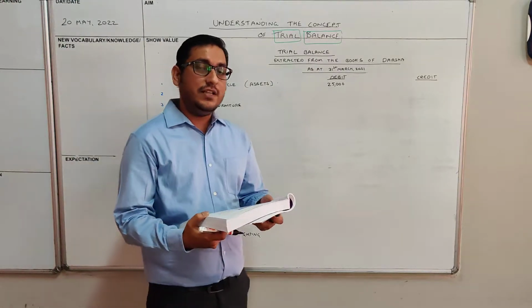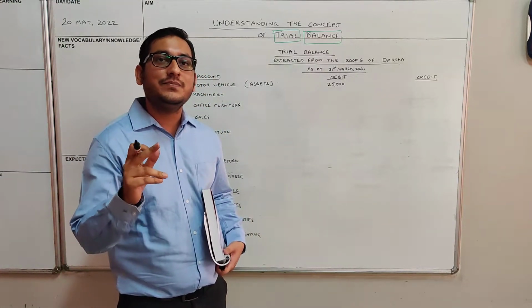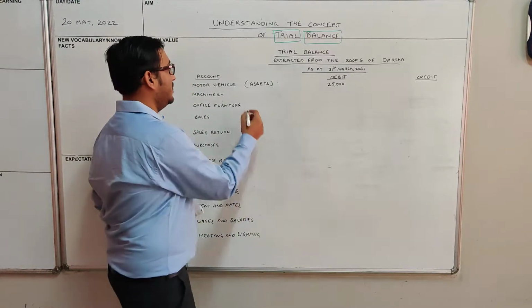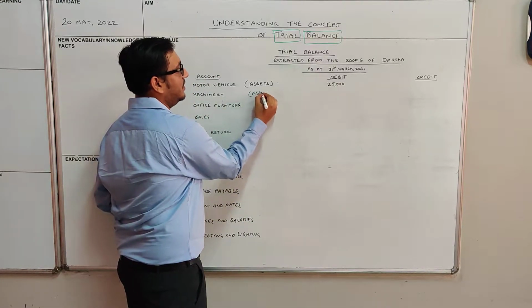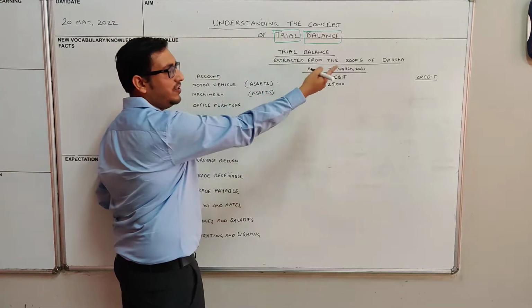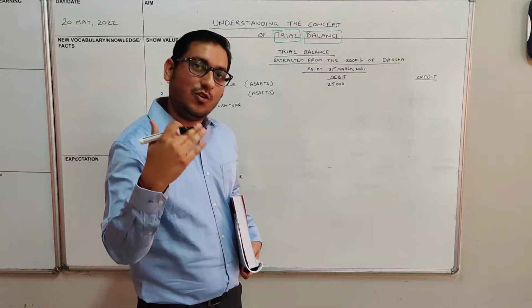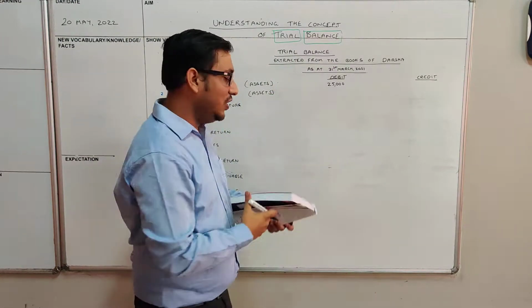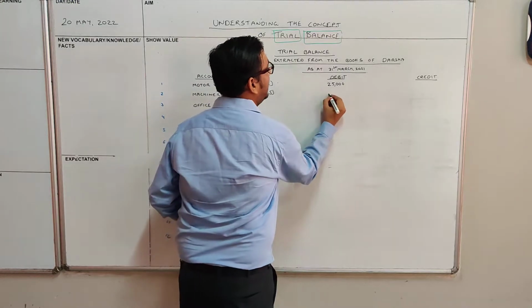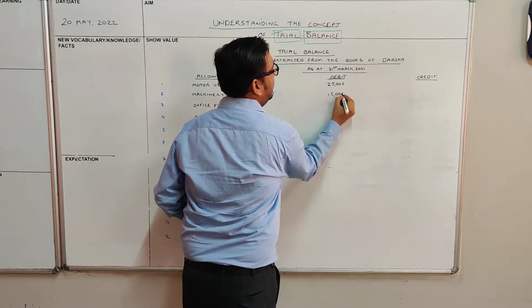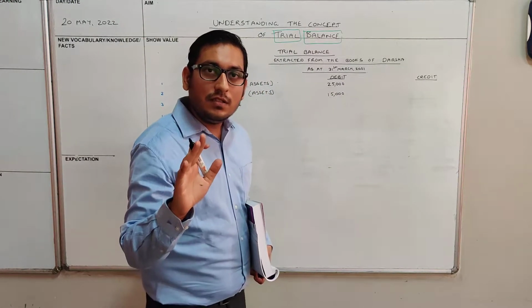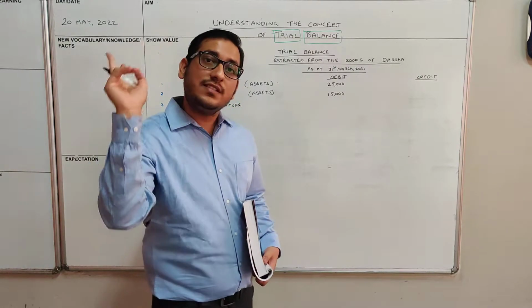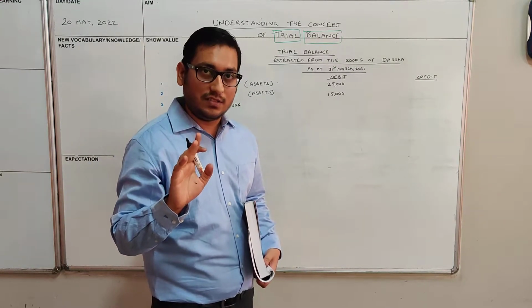Second, machinery. Machinery is also an asset. Where should I write the amount, debit or credit? Assets always have a debit balance, so I should write it under the debit side. If you do not understand the concept, just see the previous chart.